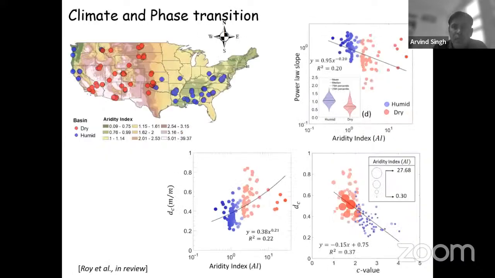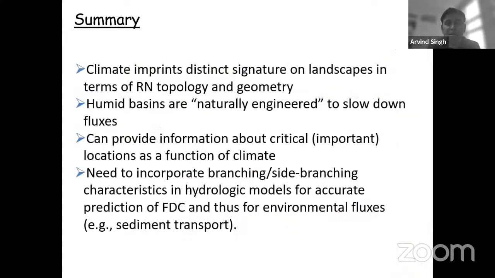So in summary, I see the clock is passing time. So in summary, what we see is that the climate imprints a distinct signature on landscapes in terms of river network topology and geometry. Humid basins are naturally engineered to slow down the fluxes.